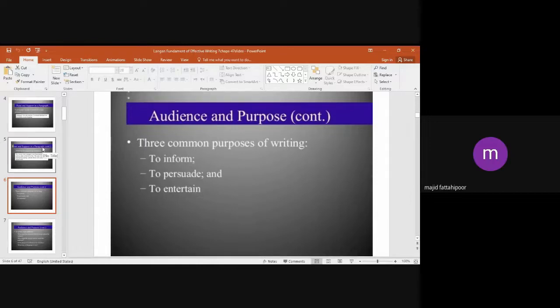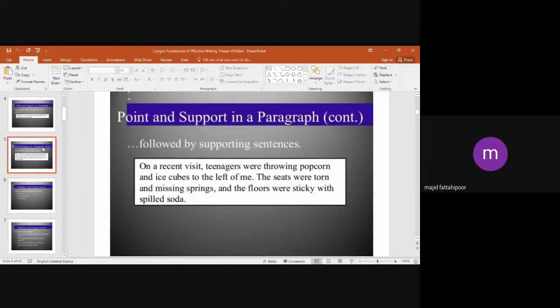Maybe in the example I gave you, there are some entertaining elements. Okay, for example, throwing packed popcorn. So it's very graphic, isn't it? It means that you can imagine the teenagers, even if you haven't seen such a scene before, you can still imagine how noisy they can get, okay?